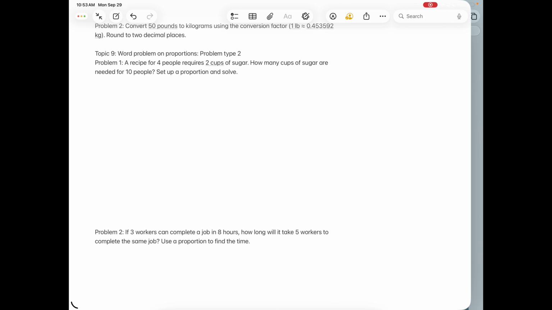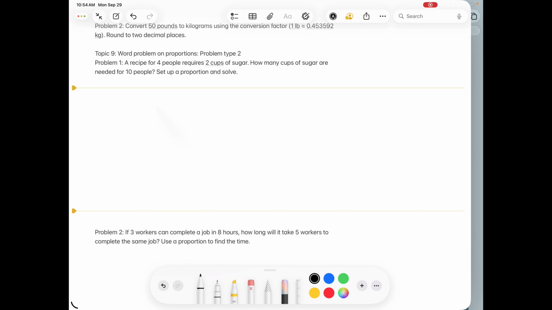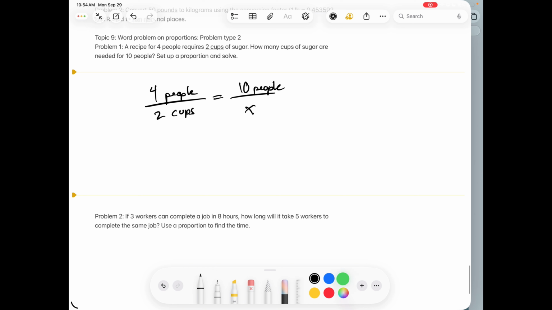Last problem, another word problem of proportions. A recipe for 4 people requires 2 cups of sugar. How many cups, that's going to be down here, are required for 10 people? So again, you got to set it up to where it all matches.